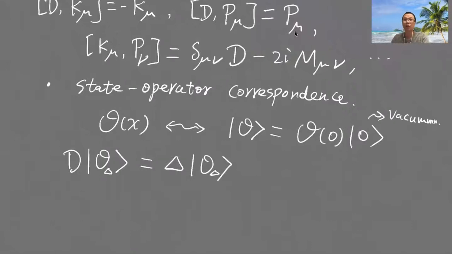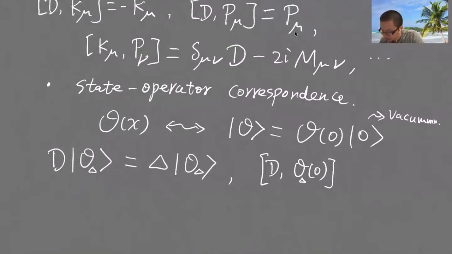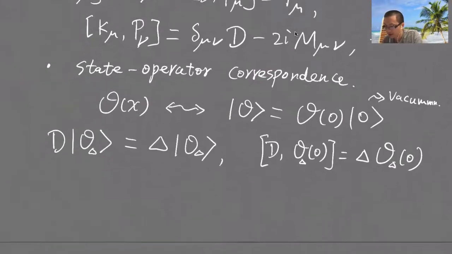Or in the language of local operators, the commutation relation between D and this operator at the origin is given by delta times this operator. So those operators are eigenvectors of the dilatation operator, and I'm sure you know that this delta is the so-called conformal dimension of this operator or state.